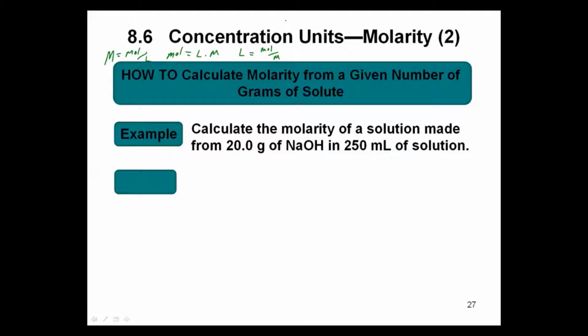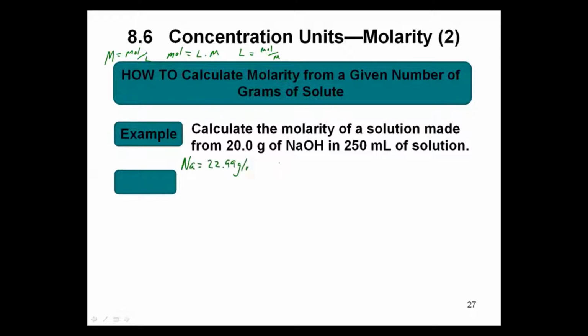So I think we left off here at this example. So why don't you take a couple moments here and give it a go. We want to calculate the molarity of a solution that's made from 20 grams of sodium hydroxide in 250 milliliters of solution. I'm going to give you some numbers that you'll need from the periodic table. The molar mass of sodium is 22.99.